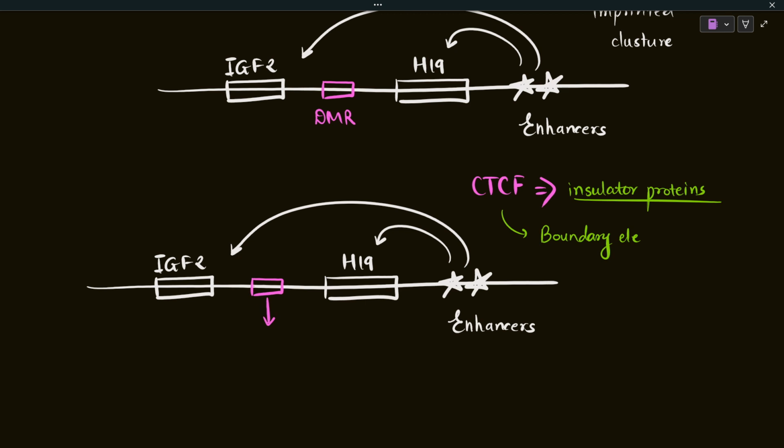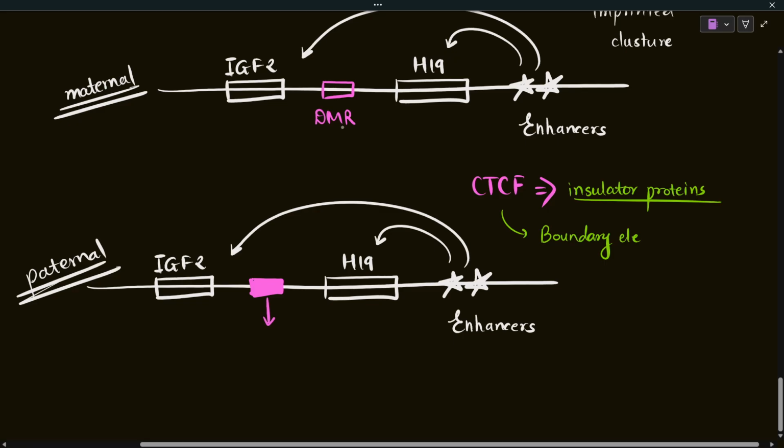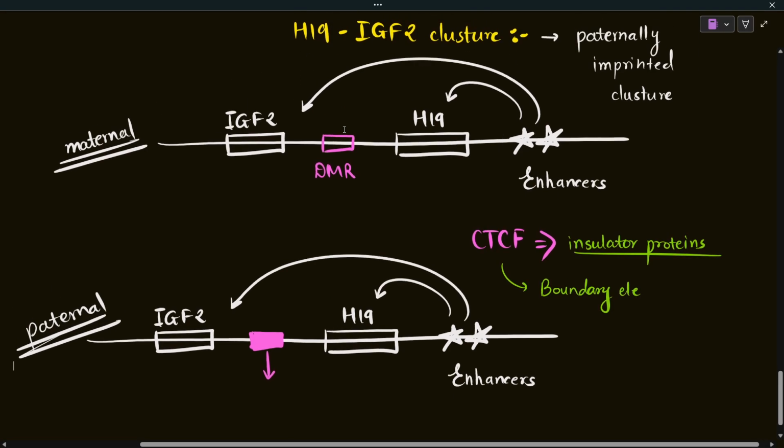The shaded region means it is methylated only in the paternal allele. So this is the maternal copy and this is the paternal copy. The H19-IGF2 cluster is paternally imprinted, and that is why the DMR is methylated only here.